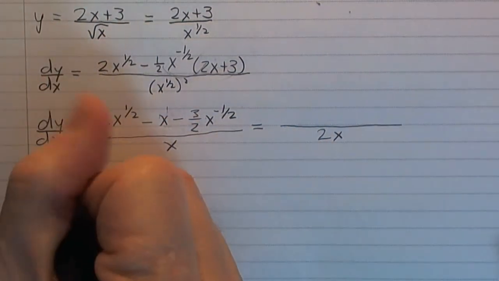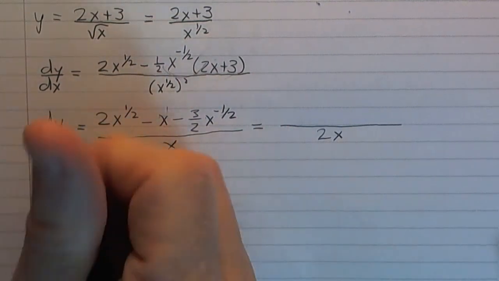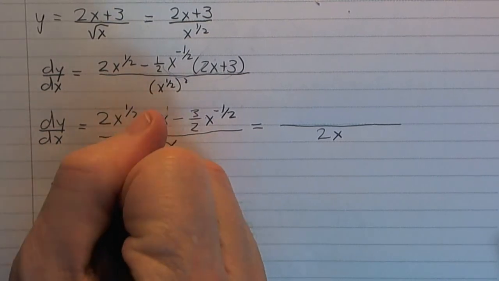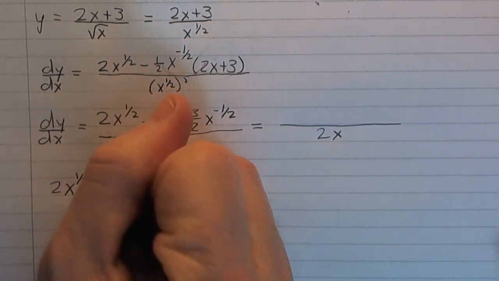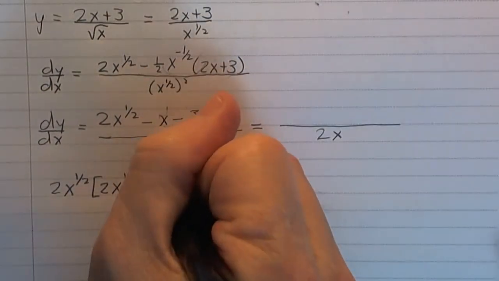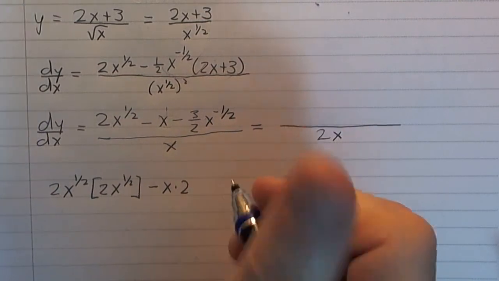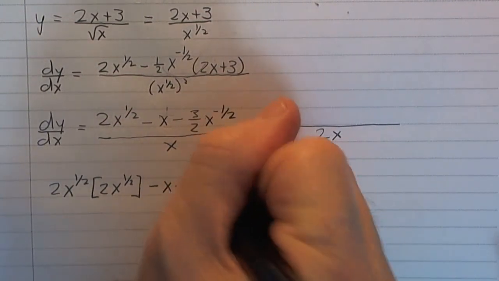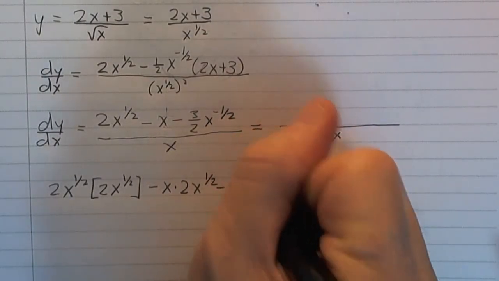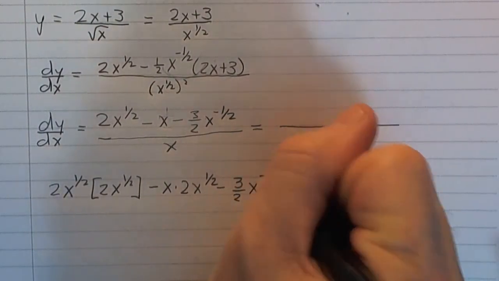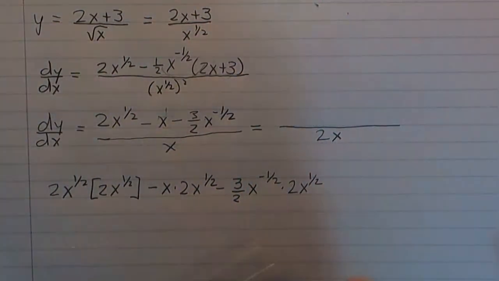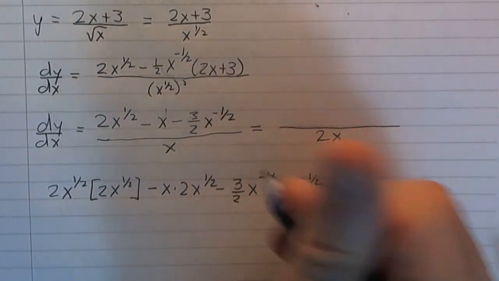So look, here's what I'm going to do. Up top, I'm going to multiply 2x to the 1/2 times 2x to the 1/2. Minus x, I'm going to multiply by 2x to the 1/2. So we're just simplifying now. Minus 3/2 x to the negative 1/2 times 2x to the 1/2. Now, I'm going to do that to the top and the bottom.